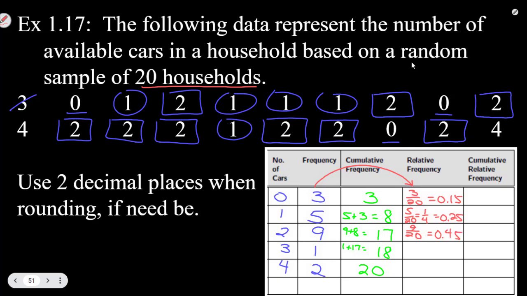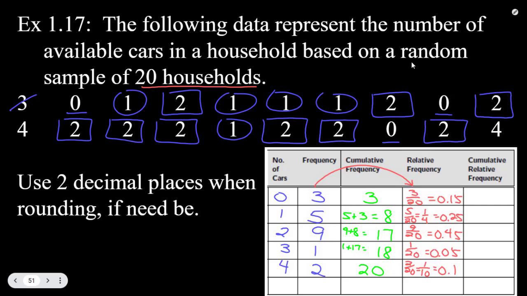And then we go to the next one, and it's going to be 1/20, which is 0.05. And then finally, the last one is going to be 2/20. And if we reduce that, it's 1/10. And that's going to be 0.1. So those would be our relative frequencies.